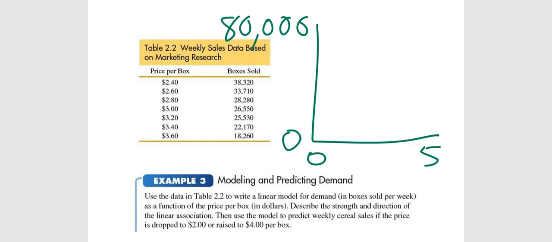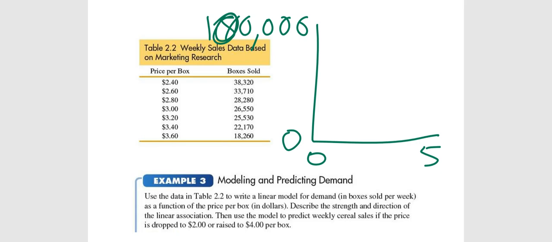Oh, that was so close. Alright, let's try 100,000. This is why I like Desmos a whole lot better, because I don't have to do all this guessing and changing. I can just shrink and stretch it the way I want to.